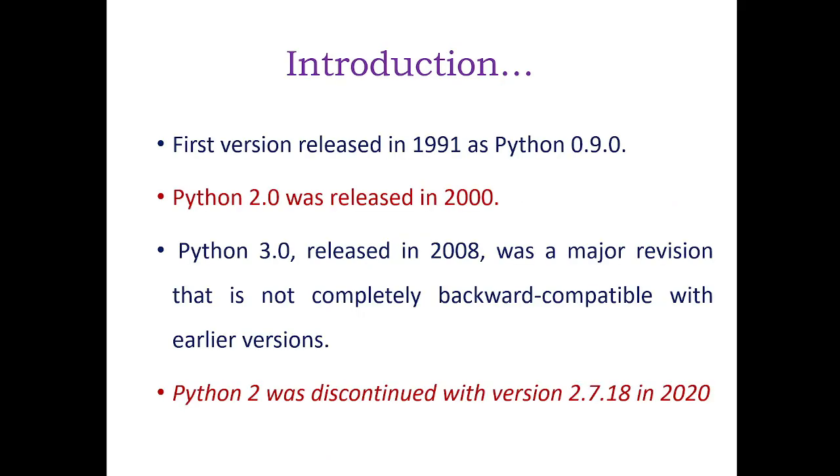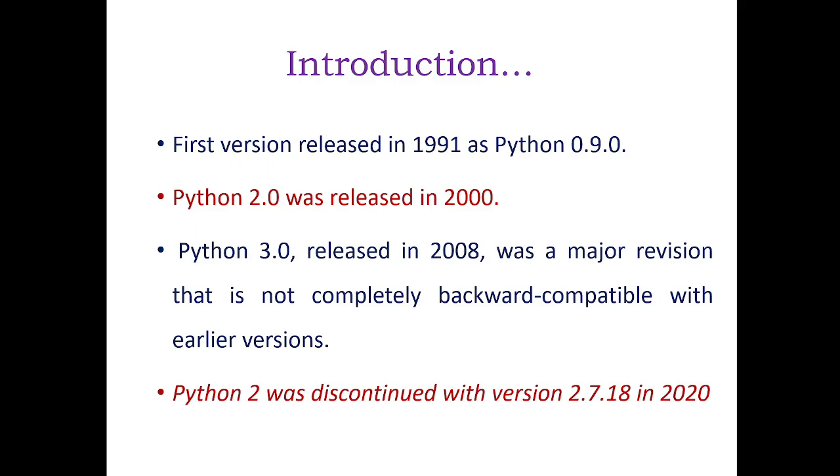And what are the different versions? In the year 1991, Python 0.9.0, the first version, was released, and after that Python 2.0 was released in the year 2000. Nowadays we are using 3.0 versions.